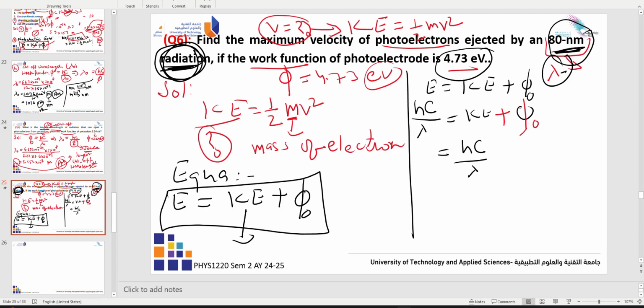I am moving this to the other side, so it will be minus to the other side. So this will be phi naught, and this is the value of the kinetic energy.